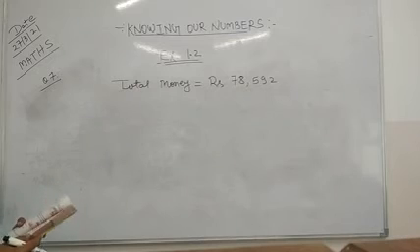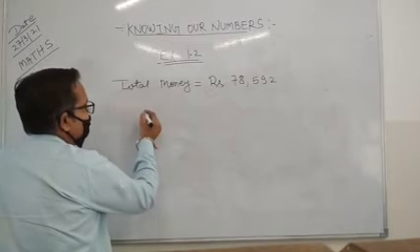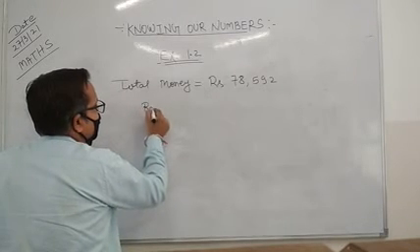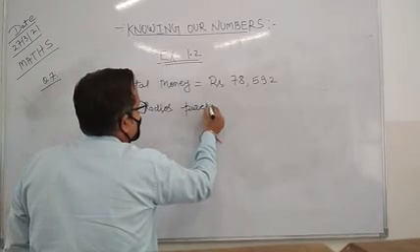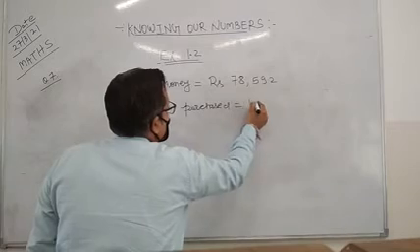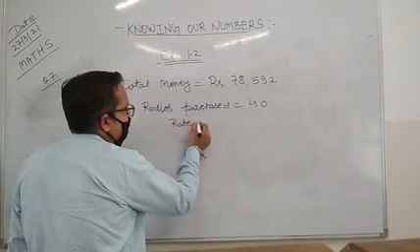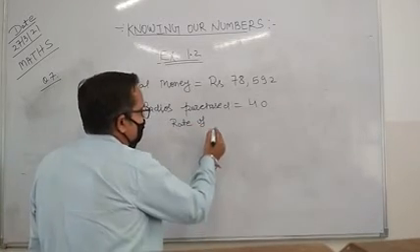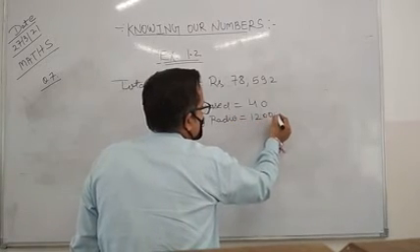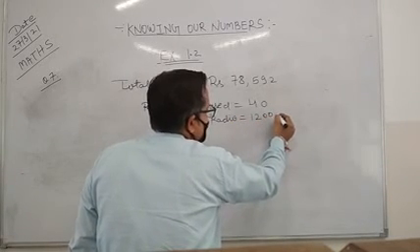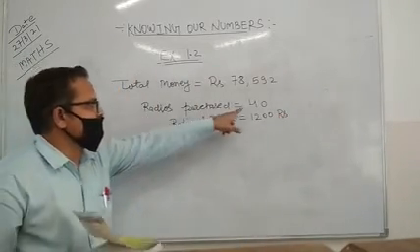Now what has she done? She had purchased radios. How many radios purchased? 40, and the rate of a radio is 1200 rupees. Okay. The total radios purchased is 40.